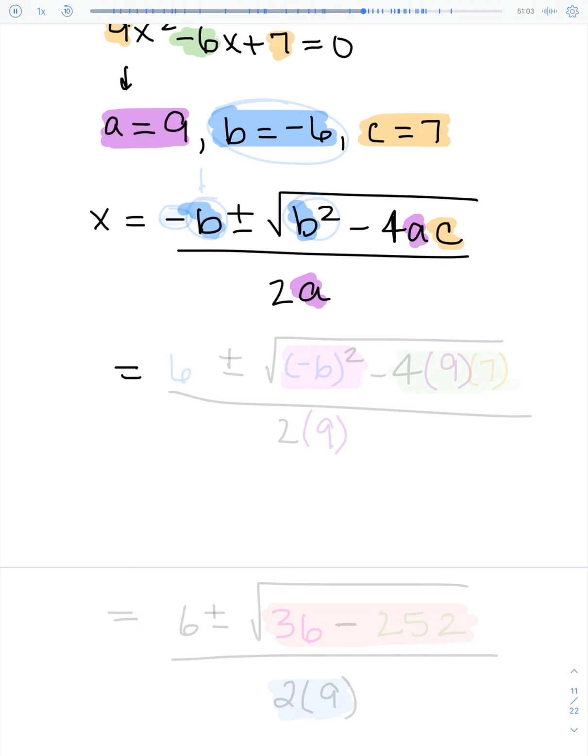However, what we're going to first do is plug in our b, which is negative 6.